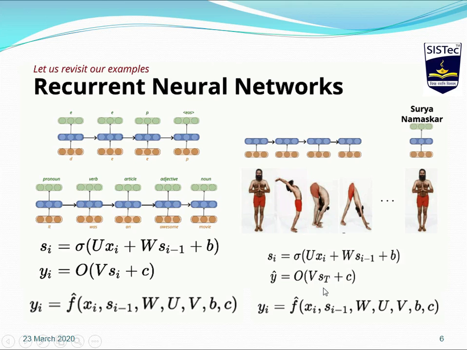Here we have only one output, Y, which depends on this weight V and the output of the last layer ST plus C. In sequence labeling we have n outputs like Y1, Y2, Y3, whereas in sequence classification we have only one output, and the model is the same for both.